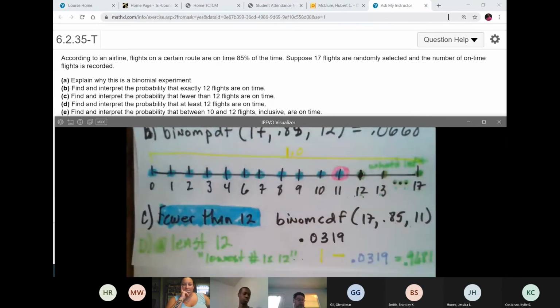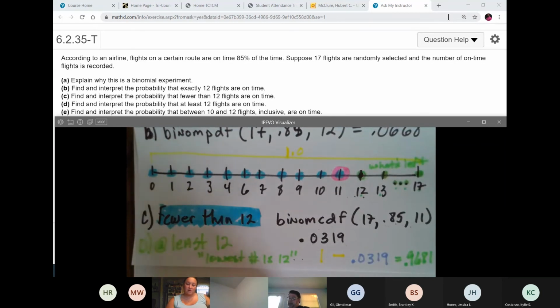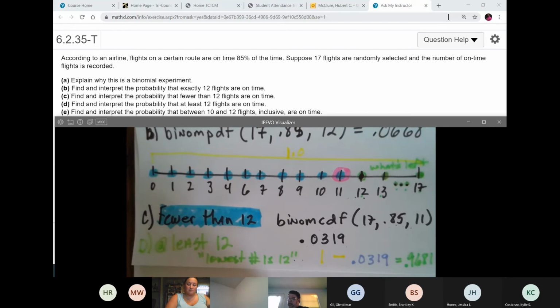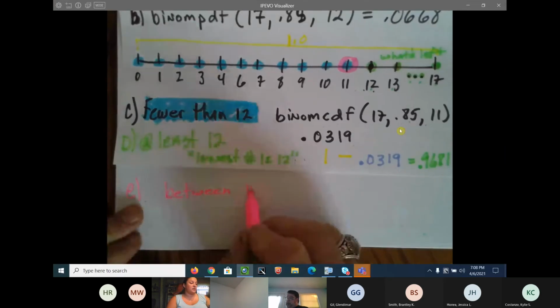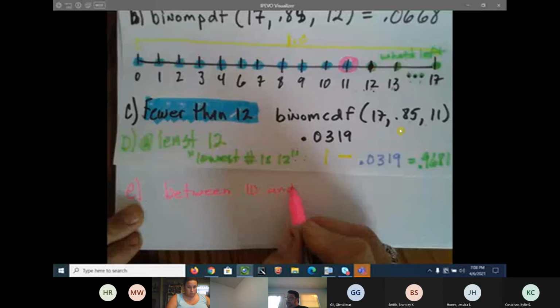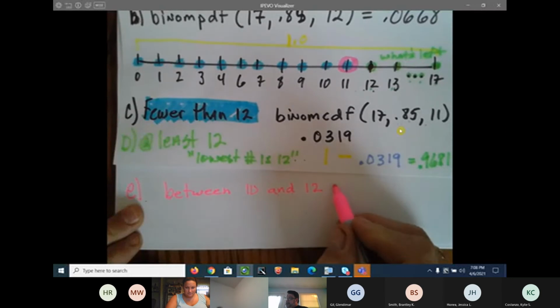So E, and I'm going to do it in pink. E is between, and I got to make it big right here, between 10 and 12 flights.